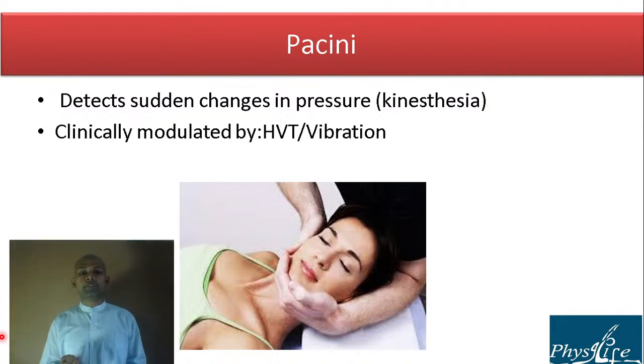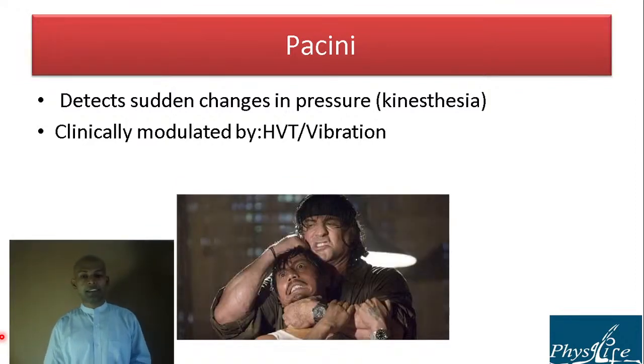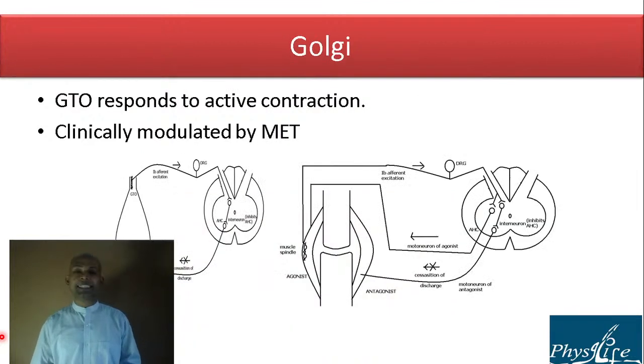To give a metaphorical example, the way a defibrillator resets the rhythm of the heart, Pacinian corpuscle stimulation can reset the length tension relationship. But the problem with high velocity thrust is it needs a lot of skill, and unless you are skilled, you may produce this.